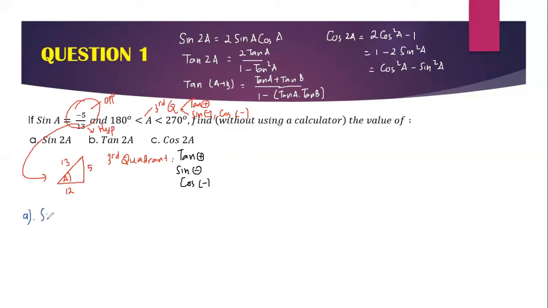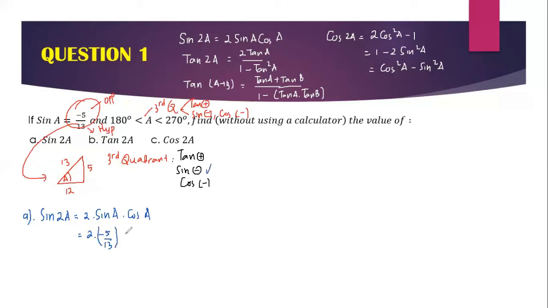Sine 2A means 2 times sine A times cosine A. 2 times sine A, which is 5 over 13, but negative. Don't forget it, right? Remember this one.